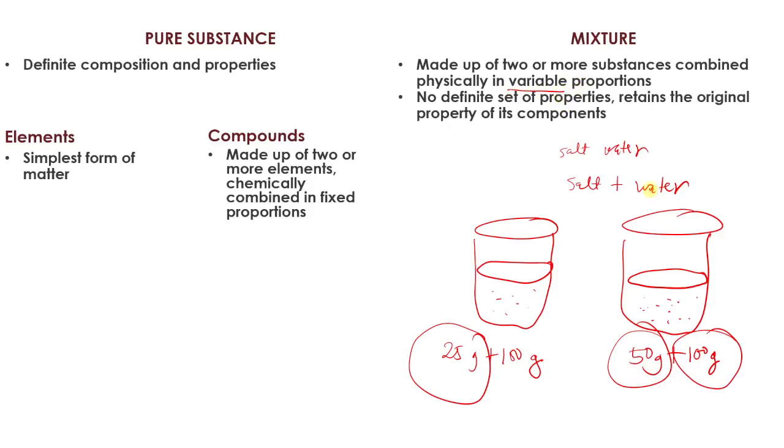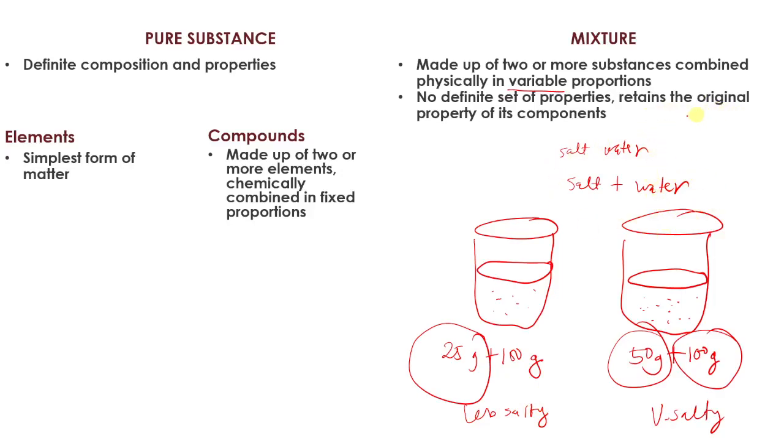So the proportion of components in the mixture changes. Also, this doesn't have a definite set of properties. So for example, in this sample of water, this can be very salty. Meanwhile, this one is less salty. So the property of salt water is not consistent.